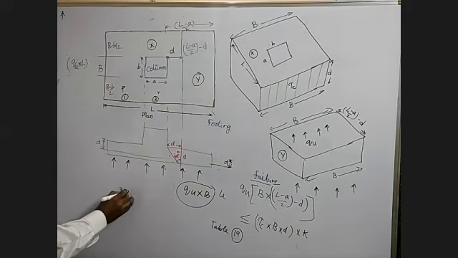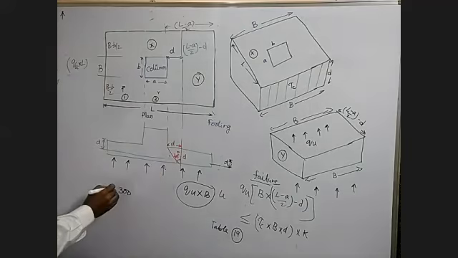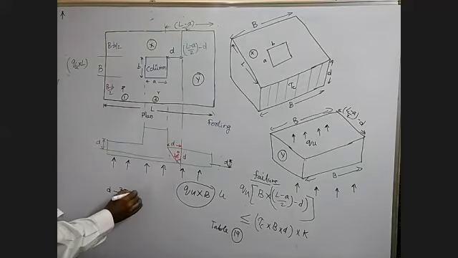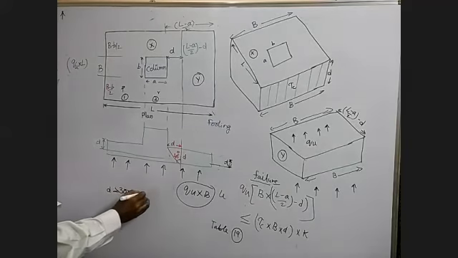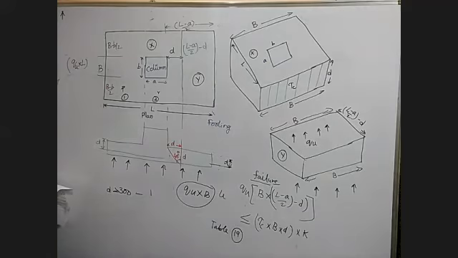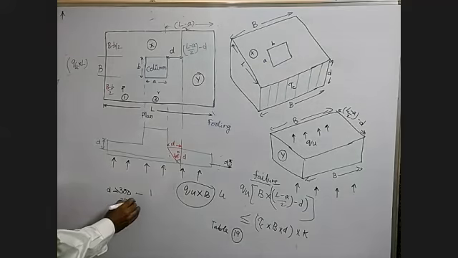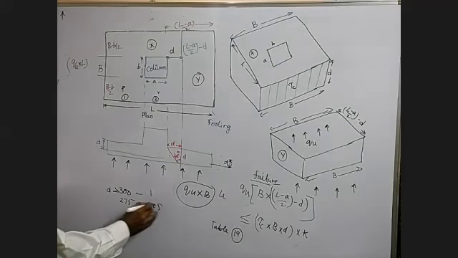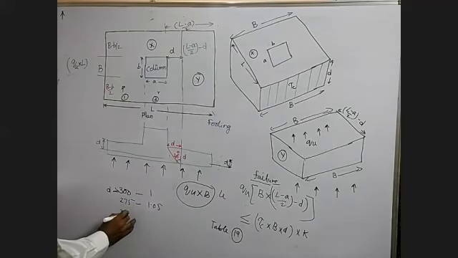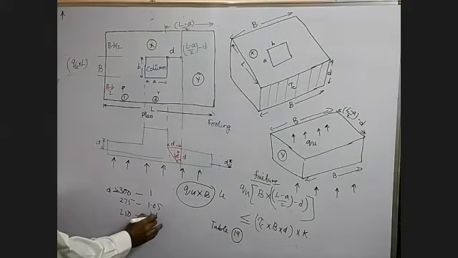If the thickness D is greater than 300, you have to take 1. So for 275 it is 1.05, and for 250 it is 1.10. Like this there is a table, increasing by 0.05.